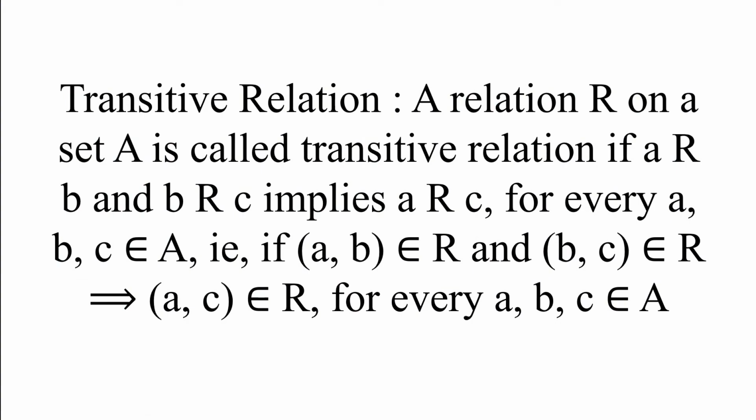A relation R on set A is called a transitive relation if A related to B and B related to C implies A related to C. A related to B, comma, B related to C implies A related to C. That means ordered pair AB, comma, ordered pair BC element of R implies ordered pair AC element of R.